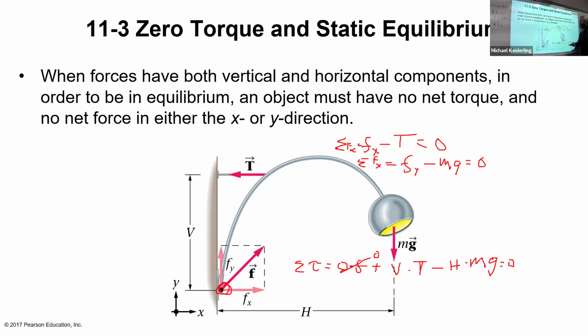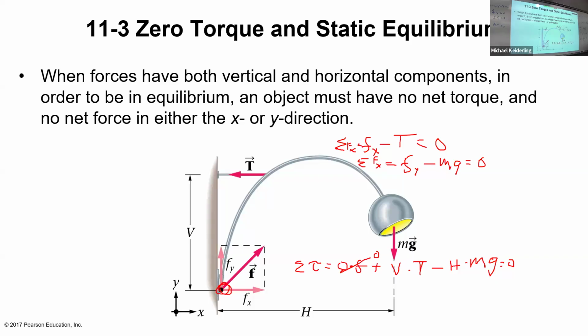The formulas I would use: I would sum all the forces in the x direction, and you'd have Fx minus tension equals 0. Then do it for the y direction: Fy minus mg equals 0. And lastly, for torque, the net torque equals 0.